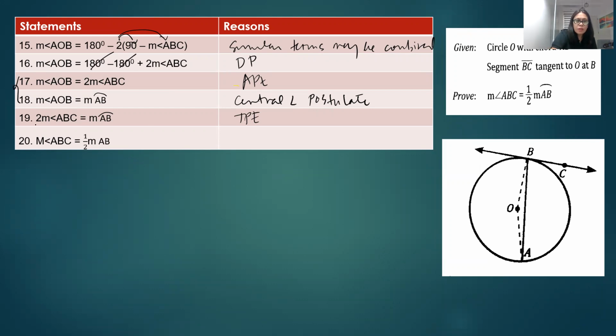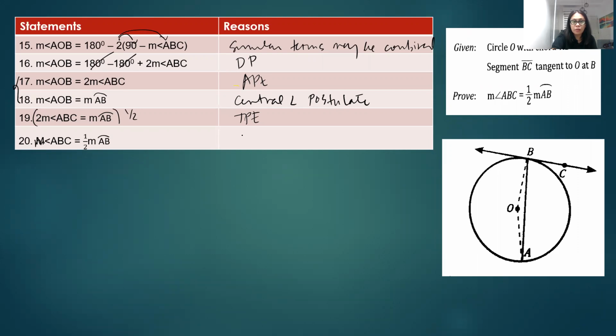Now, from this one, we arrive at the last statement wherein we were able to prove that the measure of angle ABC here, which is made up of a chord and a tangent line, equals its intercepted arc, because by multiplying 1/2 on both sides of the equation, we come up with measure of angle ABC equals 1/2 the measure of arc AB.